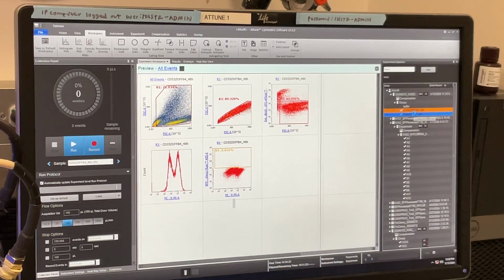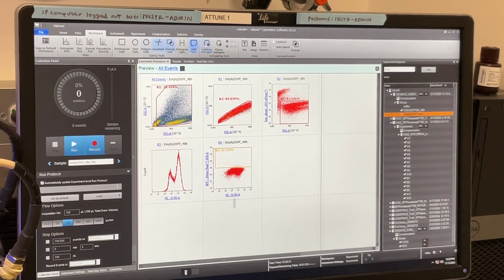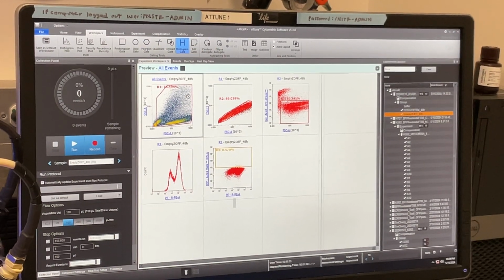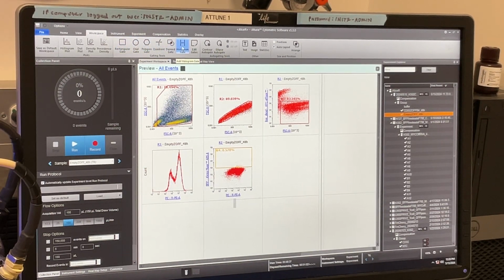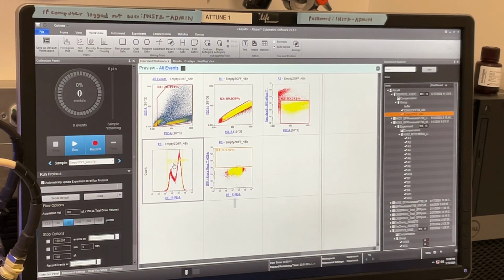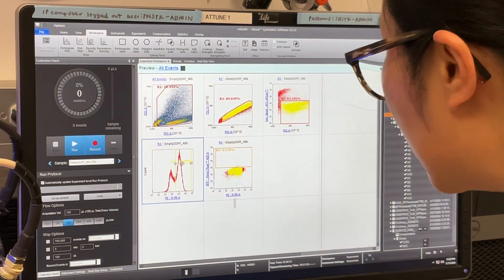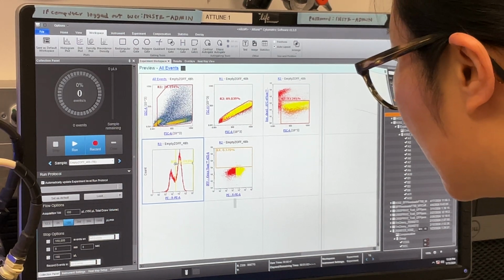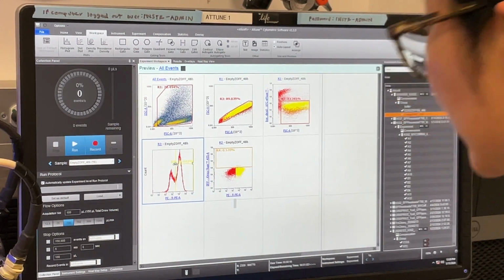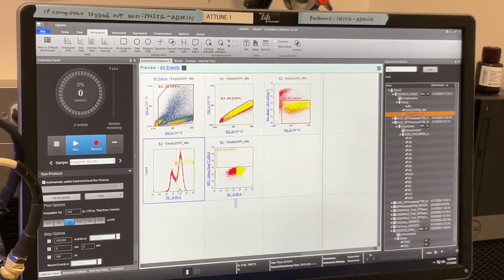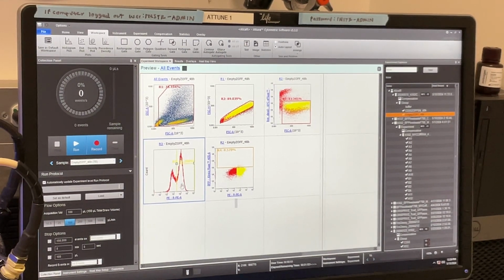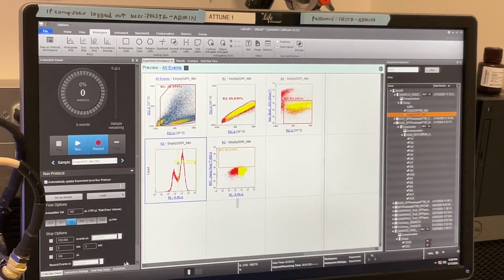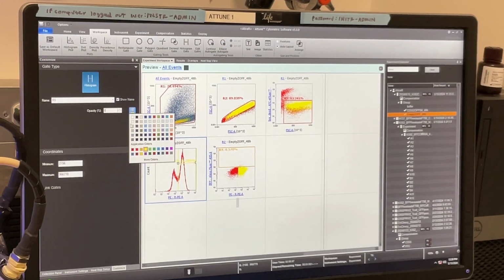If I put a histogram gate over here, so it is this one. Only this peak here is positive, the one that expressed CD55. Let me just customize this. Let me do green.